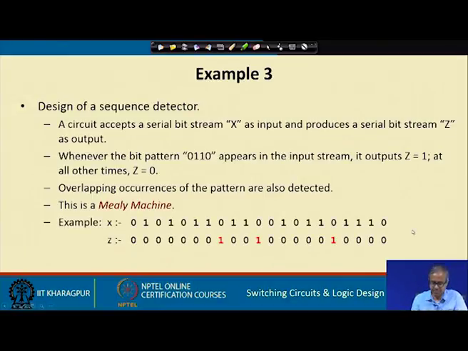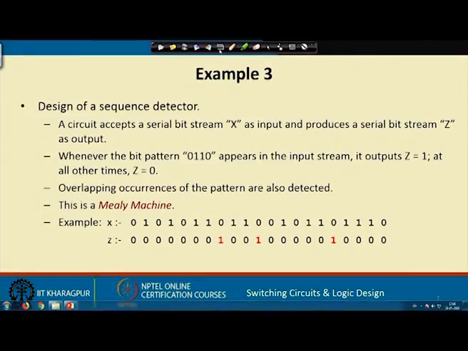Here is another example: you see 0 1 1 0, there is a 1 generated here, 0 1 1 0, 1 generated, 0 1 1 0, 1 generated, but here there is no overlap.